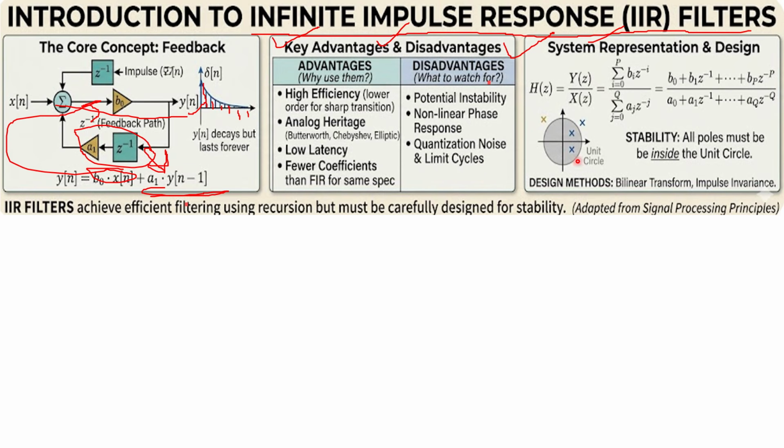And here is the response, that is, how you can get it. H(z), which is the transfer function in the z domain, is equal to Y(z) divided by X(z). Y(z) is the z transform of the output y[n], and X(z) is the z transform of the input, right, and we will get the transfer function.